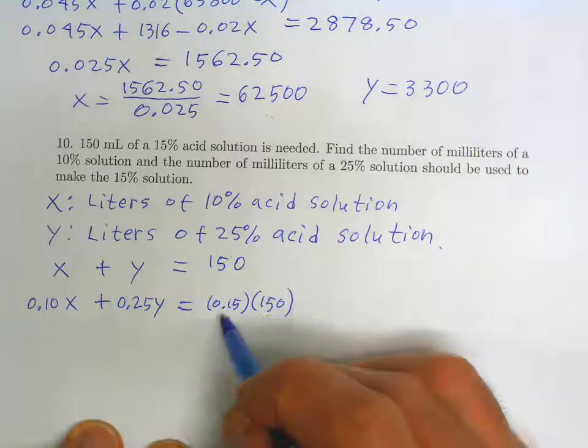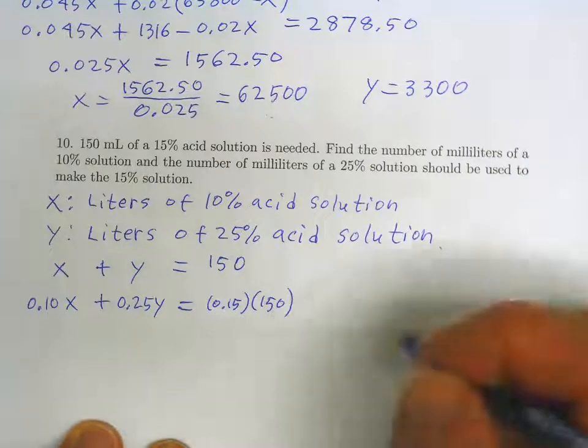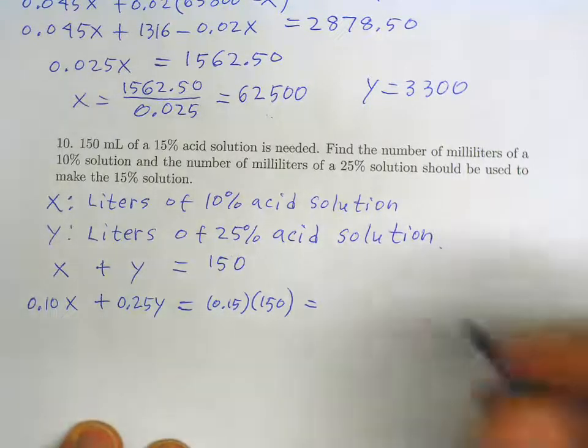And if you want, you can multiply 0.15 times 150. That's just going to be 22.5.